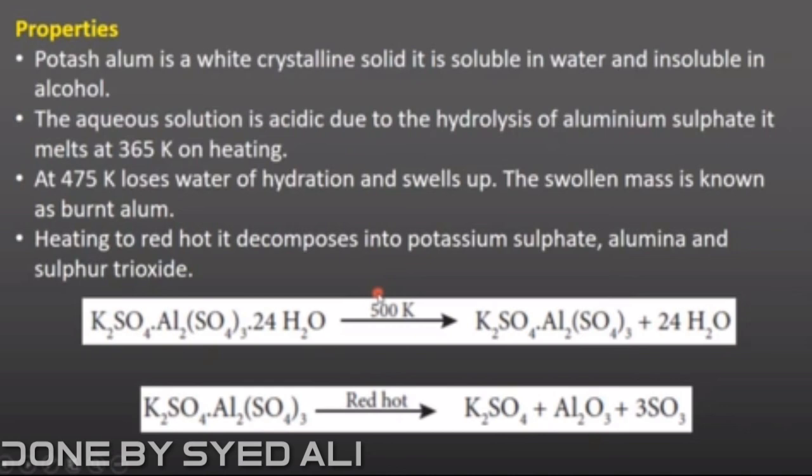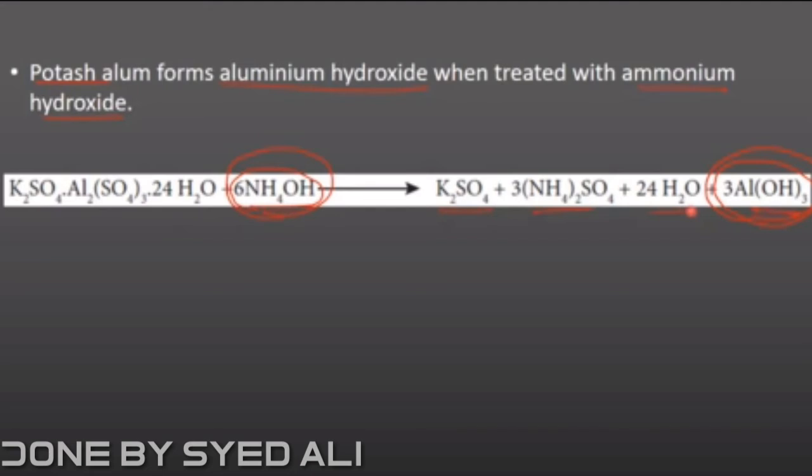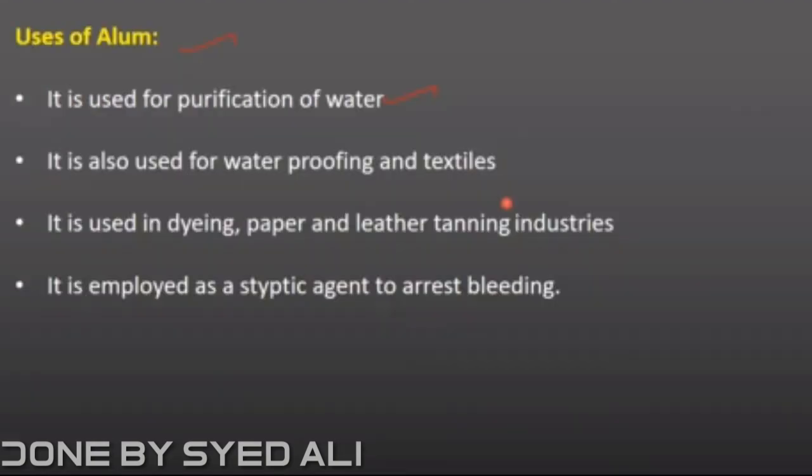The swollen mass is known as burnt alum. Heated to red hot, it decomposes into potassium sulfate, alumina, and sulfur trioxide. Potash alum forms aluminium hydroxide when treated with ammonium hydroxide.